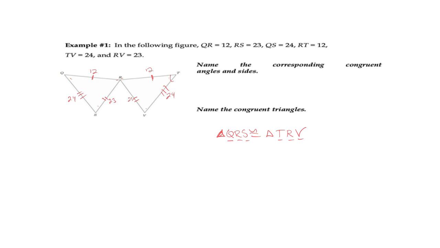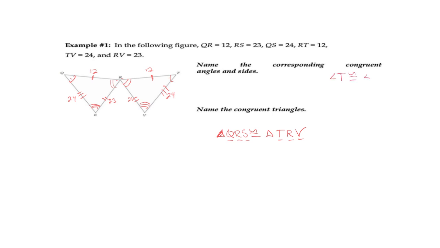The angles have to be congruent, so T and Q are congruent. This QRS and TRV are congruent, and then V and S, right? The one on R, since 2 angles share R, we cannot label it just as angle R. It has to be QRS and TRV. So we can label the angles.